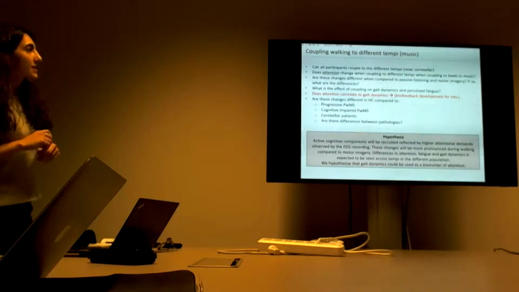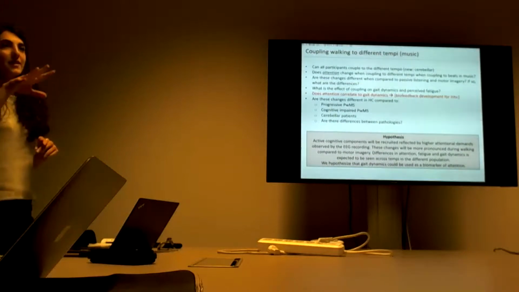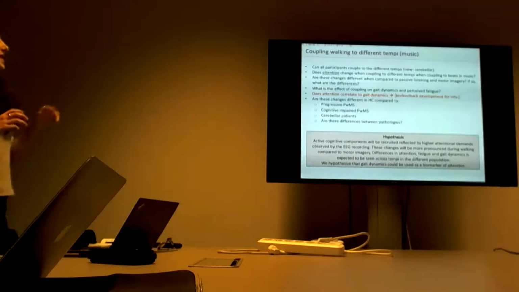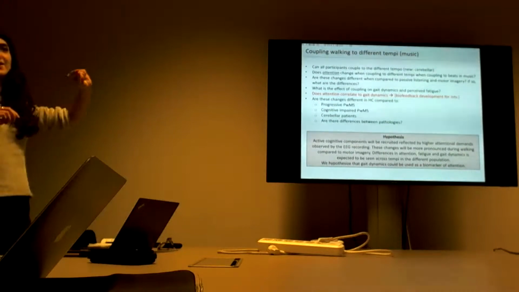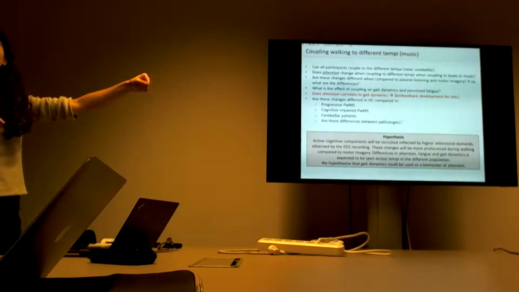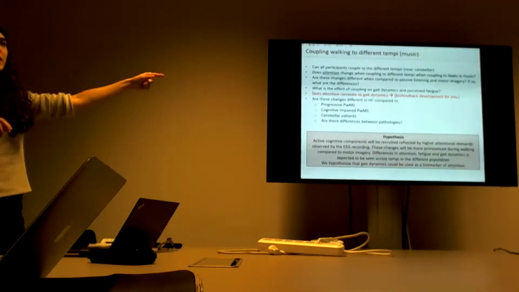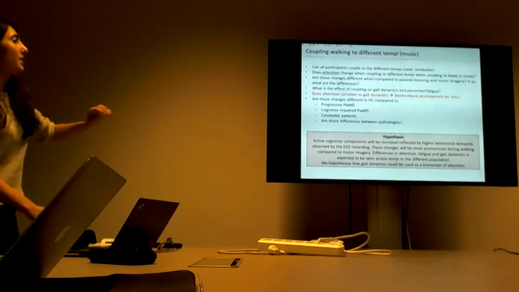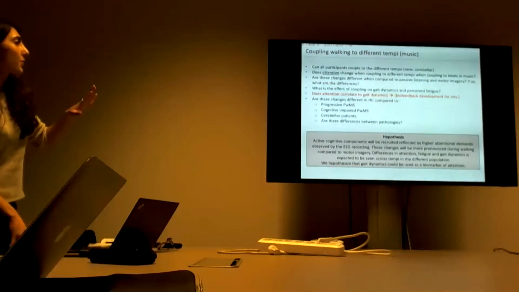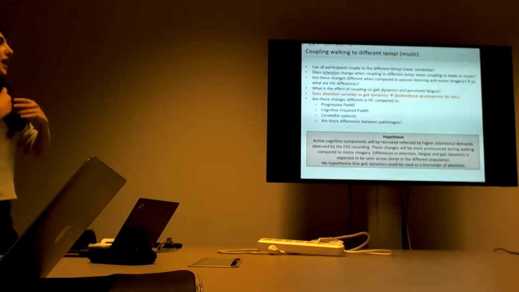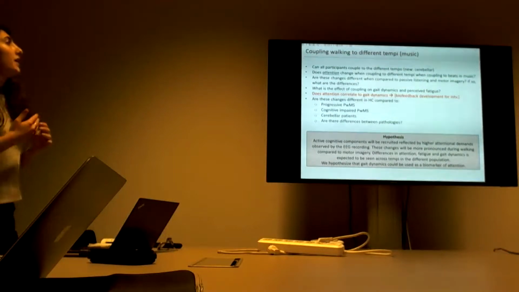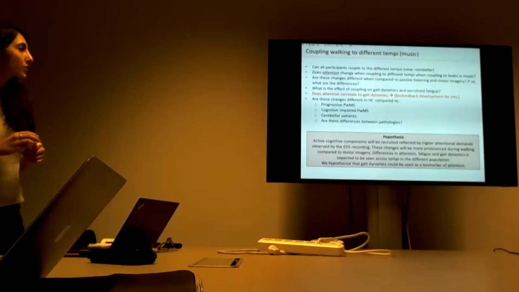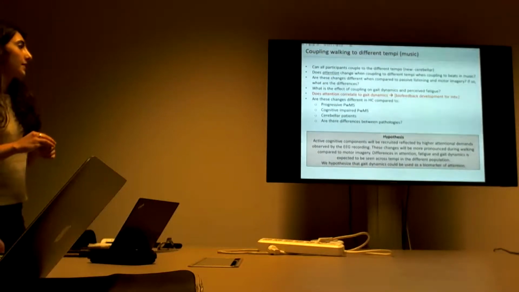And this is somewhere where I also want to come to Bart with Dieter afterwards. Does attention correlate to gait dynamics, and where? Because actually the idea is to develop a biofeedback system based on this. But this will be more pronounced in the third stage. So the hypothesis generally is that there will be higher attentional demands observed in the EEG recording at the higher tempi, and there will be a pronounced difference compared to the motor imagery, etc.